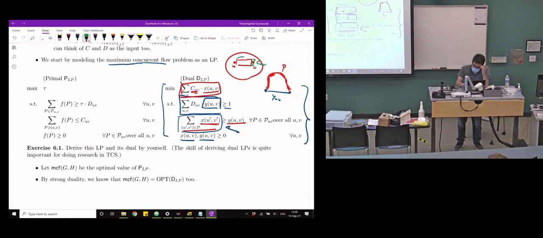And x_uv you think of as a length. So this is the total volume of a graph. And what is this? It says that the length between u and v in x must be at least y_uv. So y_uv is literally a distance between u and v.